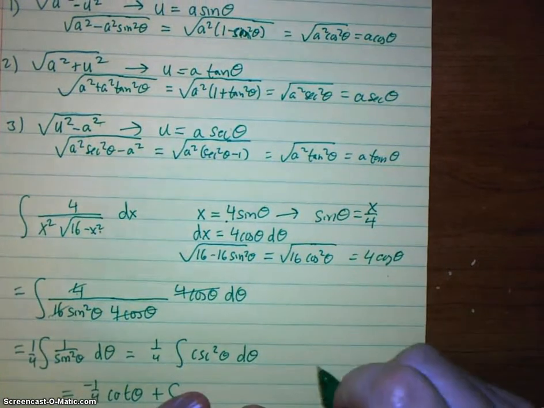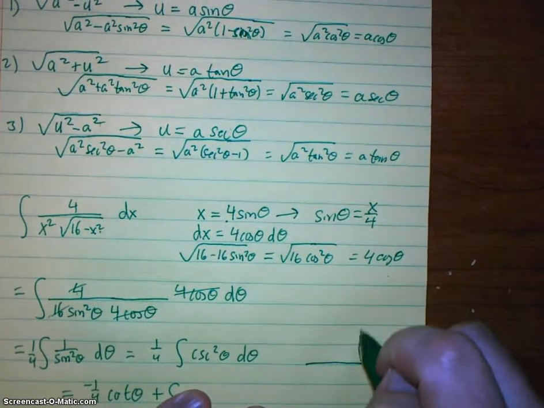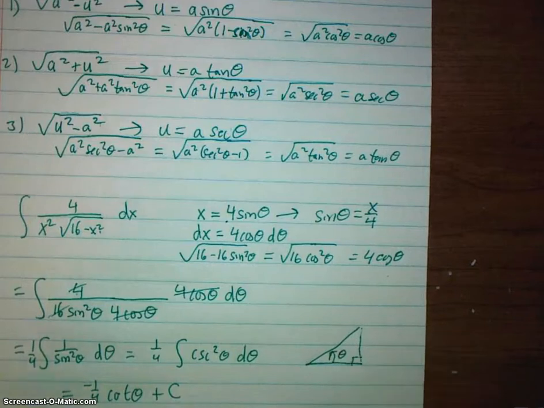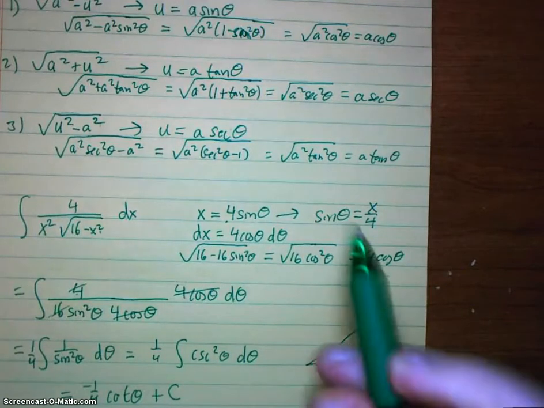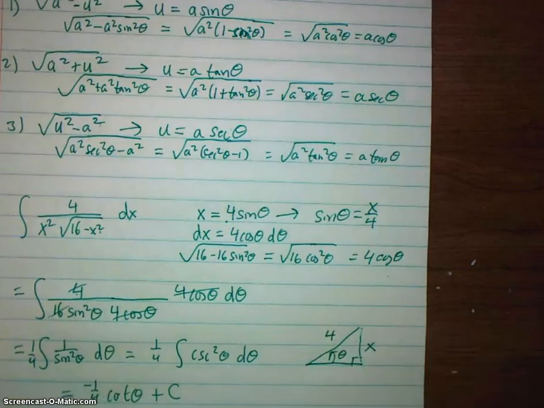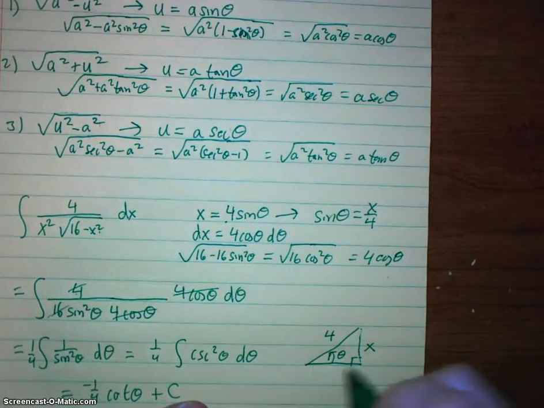And then I'm going to draw a triangle. A right triangle. There's my angle theta. Sine is opposite over hypotenuse. And then I use the Pythagorean theorem. If I use the Pythagorean theorem, I would have, solving, this would be square root of 16 minus x squared.